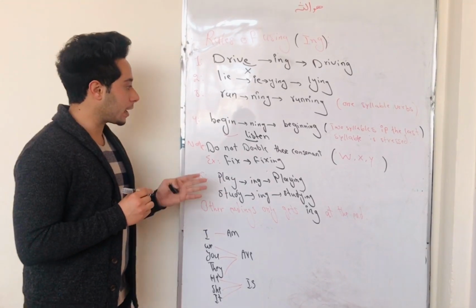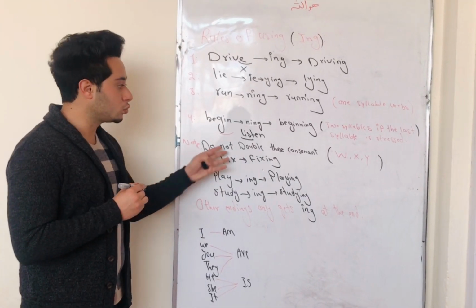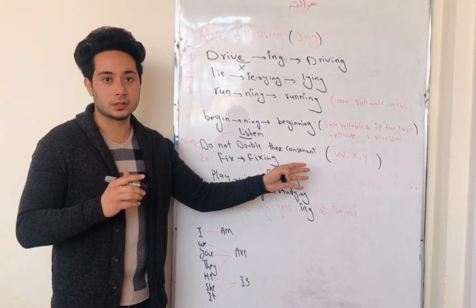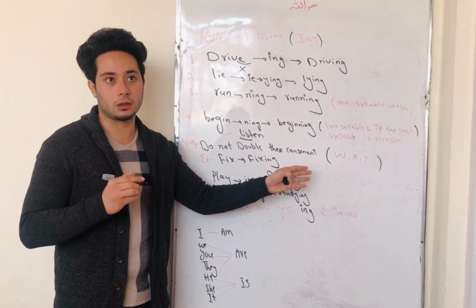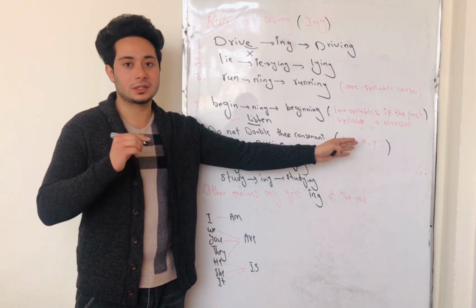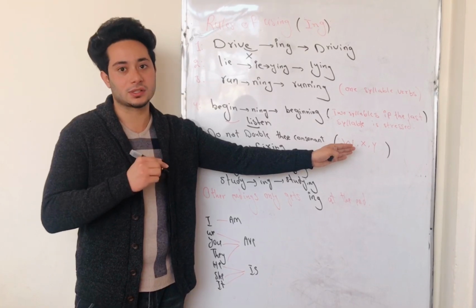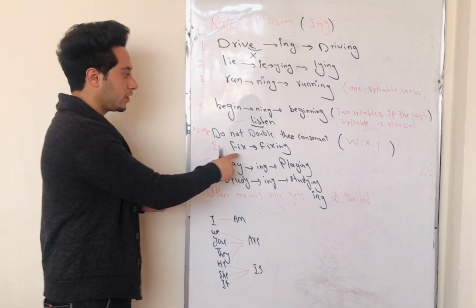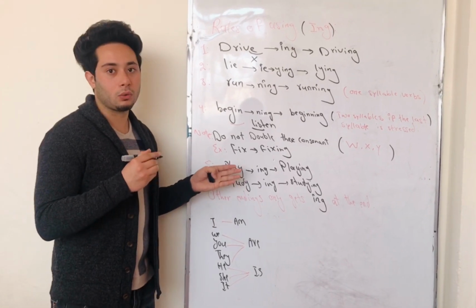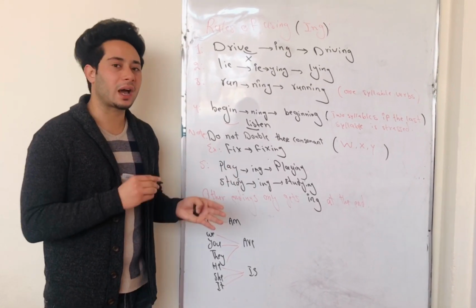Okay, let's talk about a note. There is a note that we are not going to double the consonant for those verbs which are one syllable and end with w, x and y. We should not double these consonants which come at the end. For example, fix and fixing; we only need to add an ing. And when a verb ends with vowel plus y, only add an ing: playing.